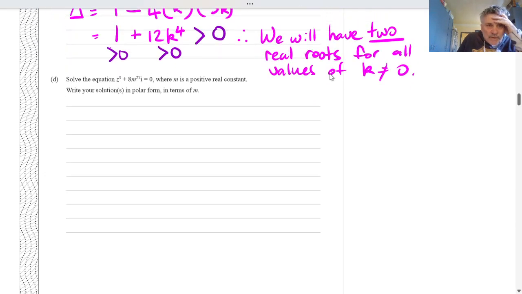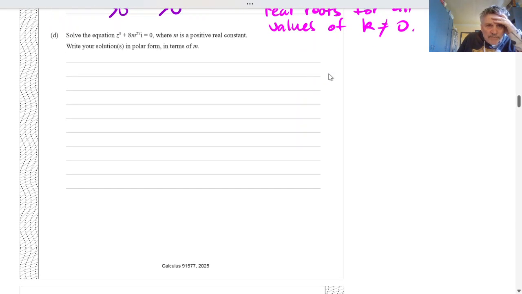Part D. This is de Moivre's theorem. So we rewrite this equation as z cubed equal to minus 8m to the power of 27i.